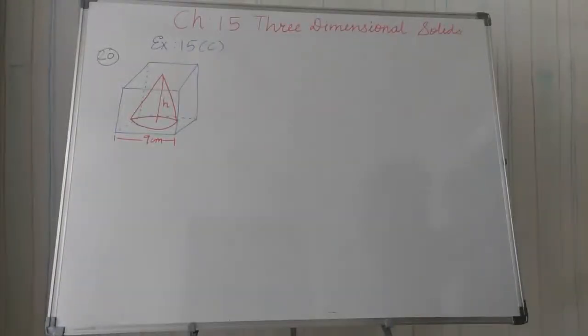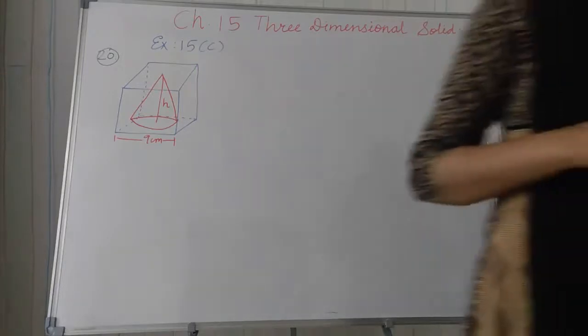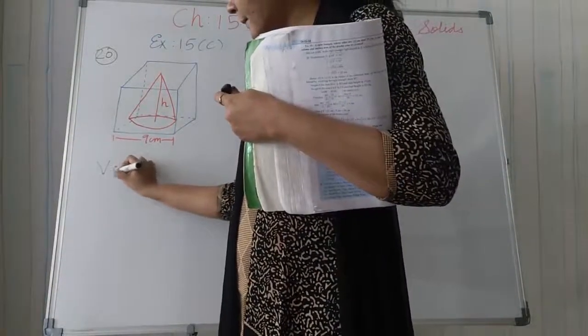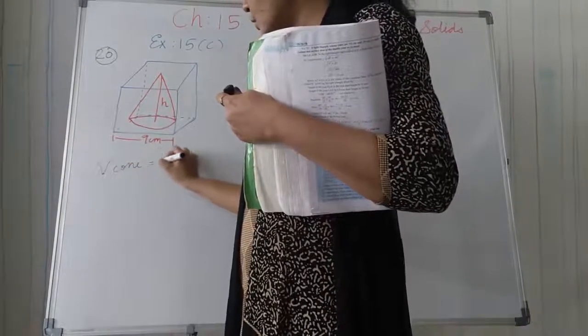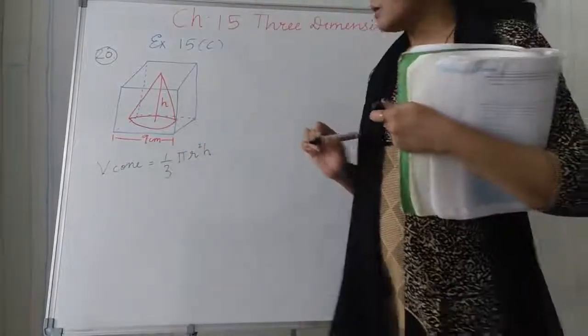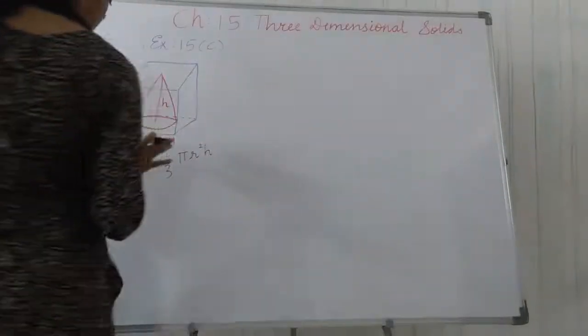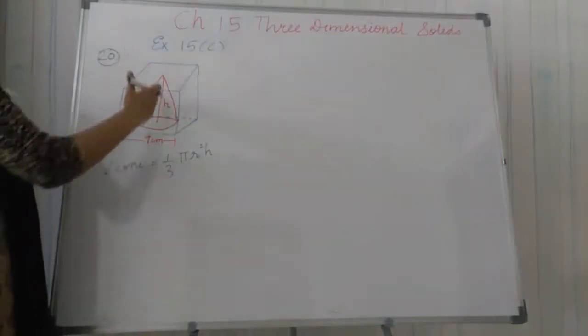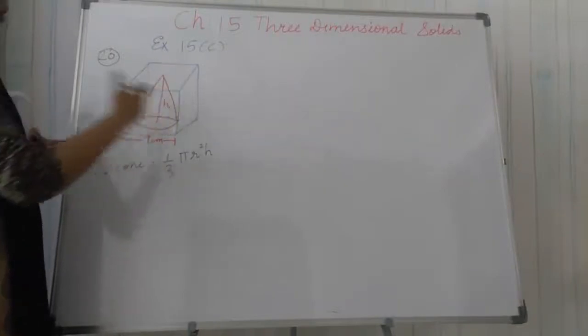So find the volume of the largest circular cone. First of all, what is the volume of this cone? Formula: volume of cone is equal to 1 by 3 pi r square h. This is the formula, no? So students, here this edge is the diameter, and this is the height, which is the same as the height of the cube.